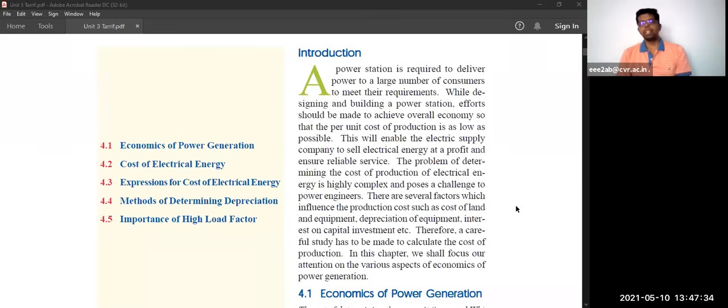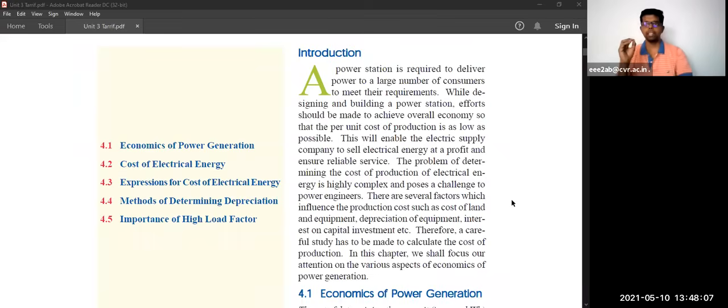Then there is the depreciation of the equipment, such as generators and transformers. The more the generation, the more the depreciation, because your generator shaft and turbine will be running. In a hydropower station, you have to frequently maintain the runners, that is, the turbine blades.